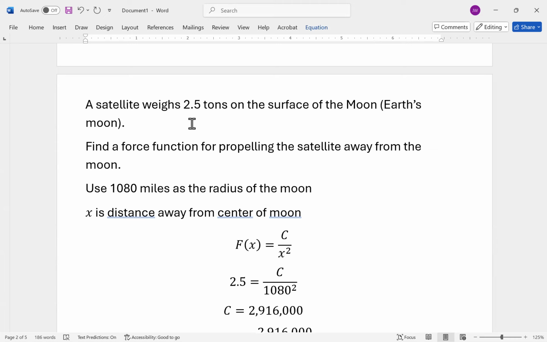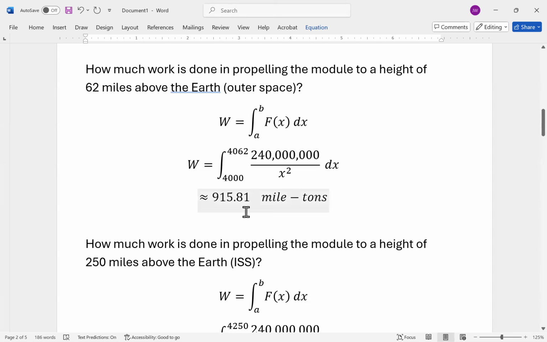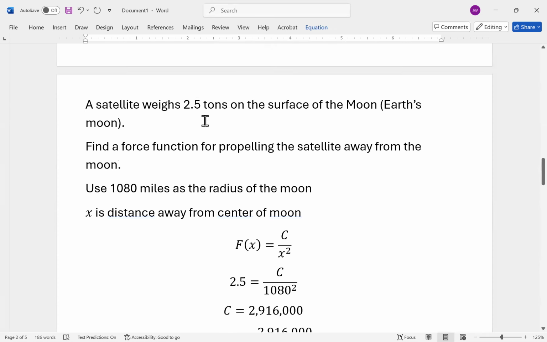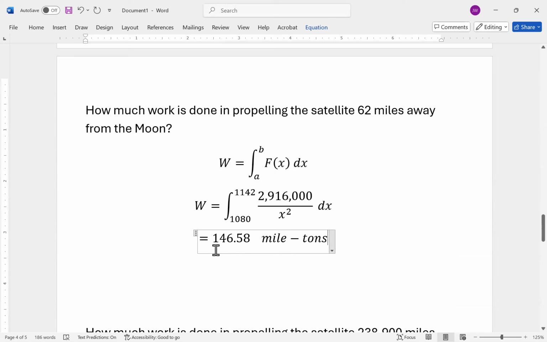So this is the same satellite that required us to do 915.81 mile tons of work, propelling it 62 miles above the Earth. If I propel it 62 miles above the moon, I'm only required this amount of work, 146.58 mile tons.